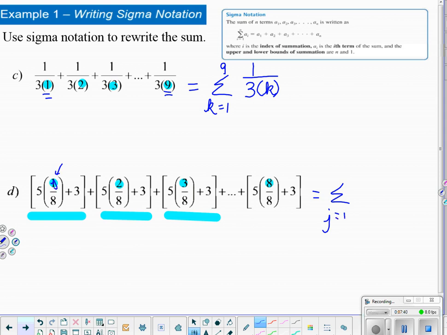So let's start J at 1. Looks like our J is going to finish when we reach 8. And the rule of this series is going to be 5J over 8 plus a 3. And we could enclose all that so it's very obvious that this is the summation of both of those terms.